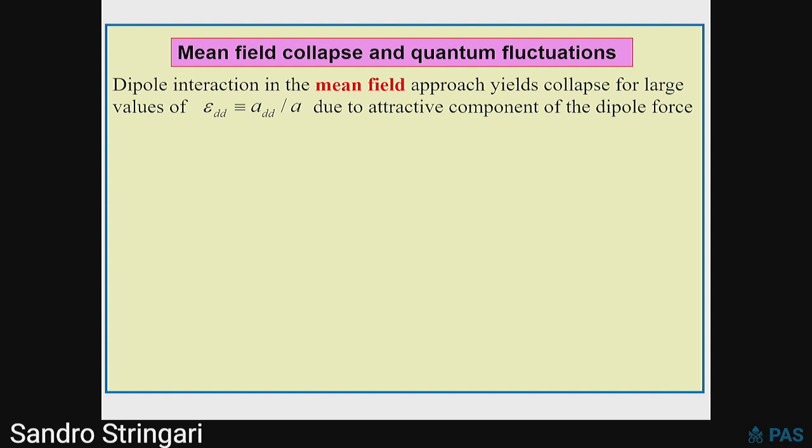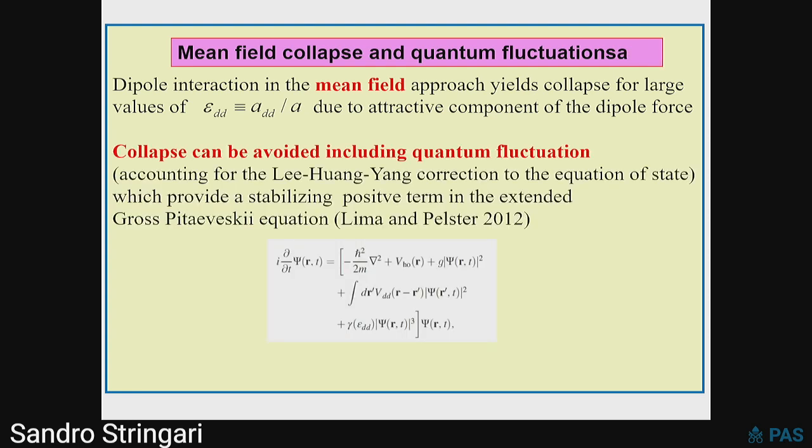A first important point to characterize the nature of the interaction is that if you treat it at the mean field level, you have trouble if you increase too much the weight of the dipolar force because of the attractive nature of the interaction. This gives rise to a collapse which destroys the system if you use a mean field approach. This problem has been solved by adding to the mean field description a quantum fluctuation effect, which can be calculated starting from the theory developed by Lee, Huang and Yang, a correction to the equation of state.